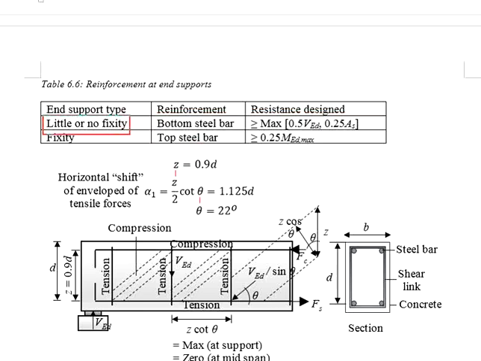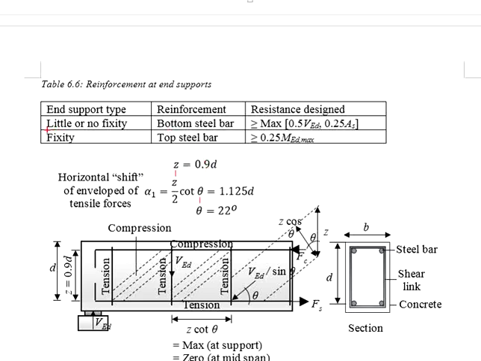For little or no fixity, we are looking at the bottom steel bar. The resistance provided should be at least greater than half of the shear force at the support and the amount of reinforcement provided should be at least 25% of that provided at the midspan.